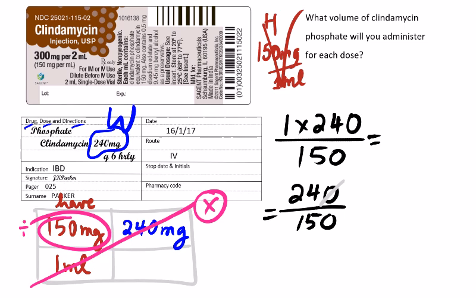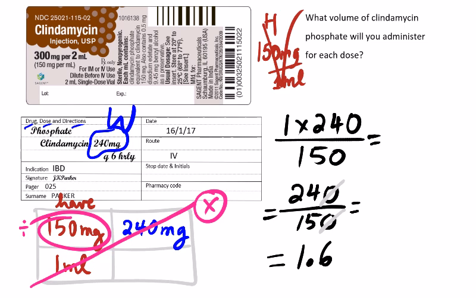We could even cancel those zeros, because we are dividing top and bottom of the fraction by 10, and then we can simply say how many 15s go into 24. Not 2, because 2 15s would be 30. So we have to say this is less than 2. We go to the calculator, and we enter 24 divided by 15, or 240 divided by 150, and we get 1.6.